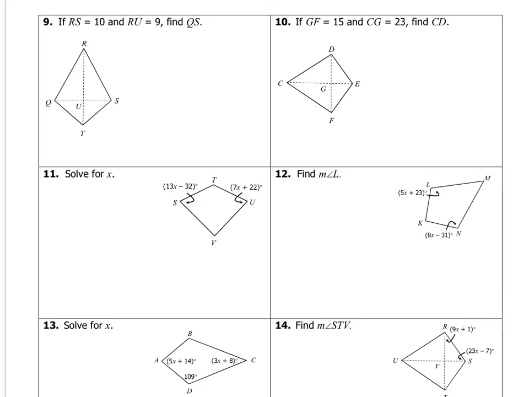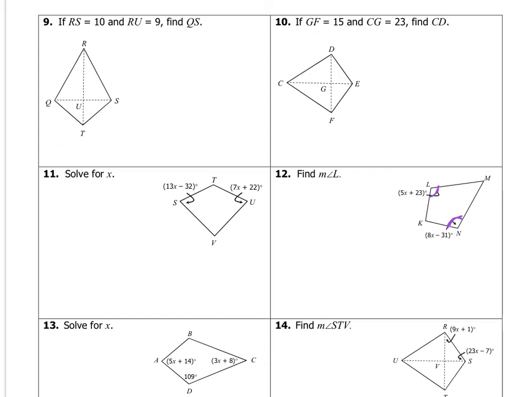Let's look at number 12. I'm asked to find angle L. I need to find this angle. And all I know is this is a kite, and angle L and angle N are opposite angles. And it looks to me they're also the congruent angles. They're the pair that's congruent to each other, right?